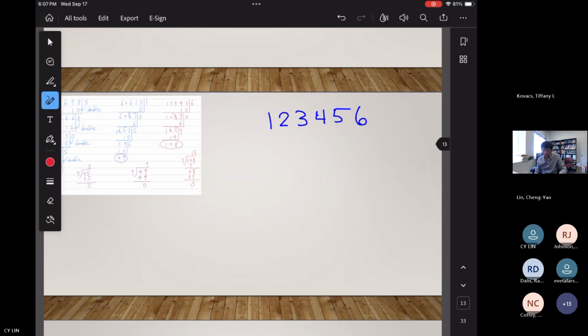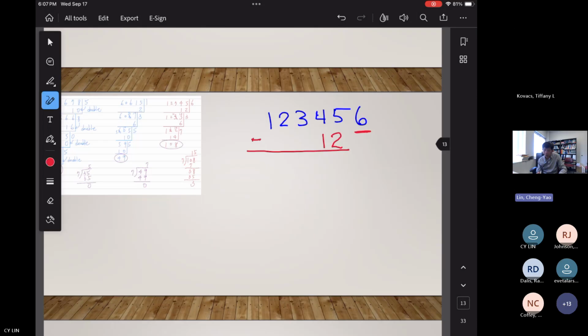All right, let's work on it together. I want to determine if 123456 is divisible by 7 or not. I take this number off, and then I double it, which is 12. Are you with me for this step, yes or no? Yes.